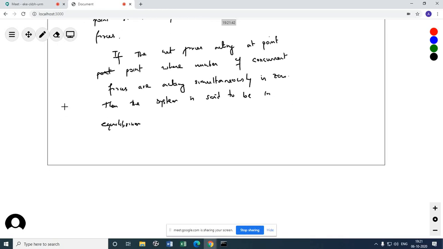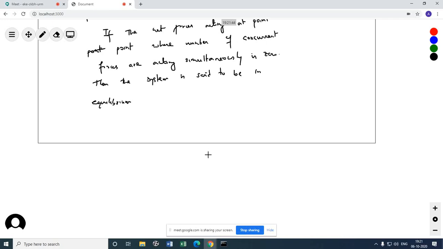Means, look at this case. A best example would be that we have a point here.